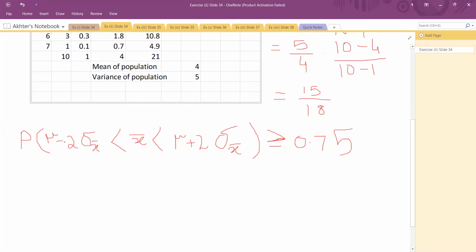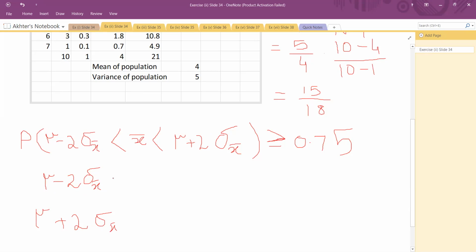So the question was, between what two numbers do at least 75% of the observations lie? These two numbers we have to compute here. That is mean minus 2 sigma x bar, which is the lower limit of the interval, and mean plus 2 times the standard deviation of mean. The sigma is not the sigma of the population.